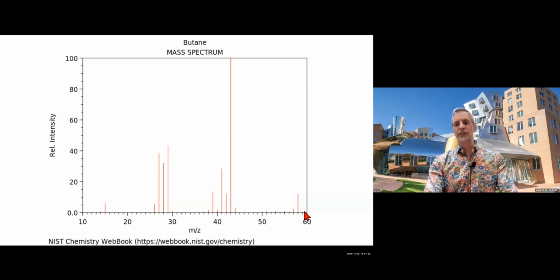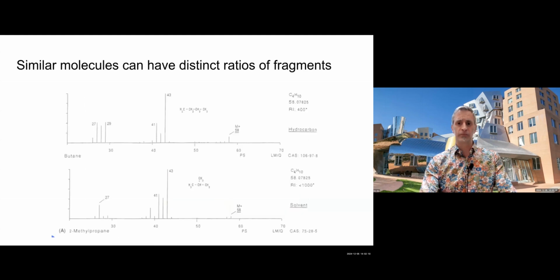And then, for anything that has carbon, if we were to look really closely, we'd see something up here at 59, because I think 1 or 2% of every carbon is carbon 13 and not carbon 12. So in a molecule like butane, we've got a 5% chance of seeing everything with a mass number one higher. So even a simple molecule, when it's fragmented, can lead to a fairly complicated pattern.